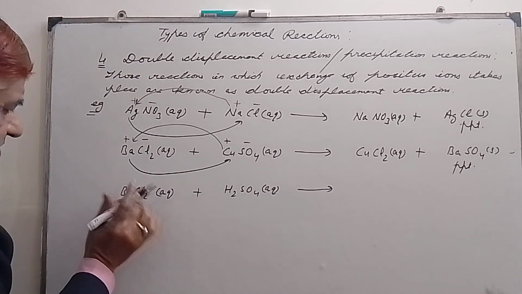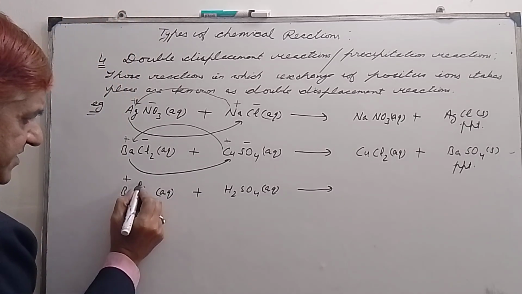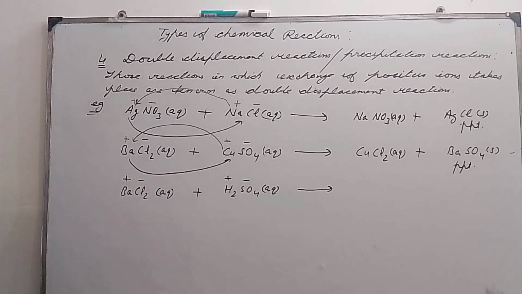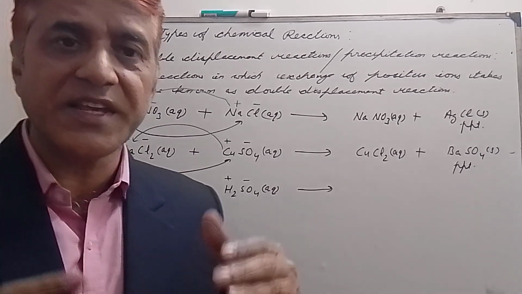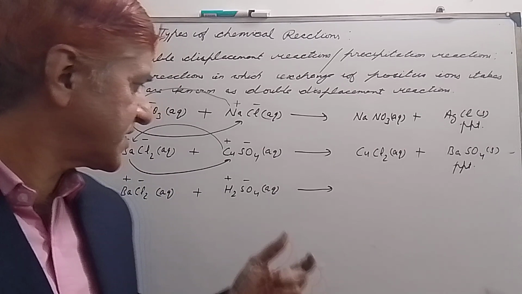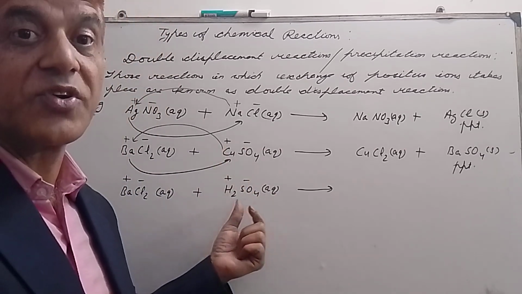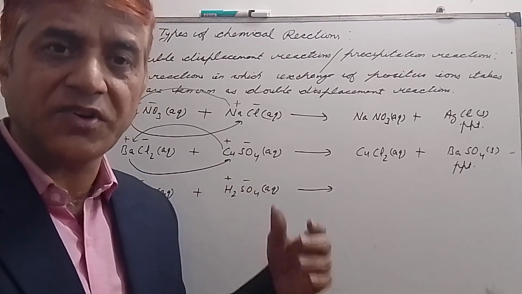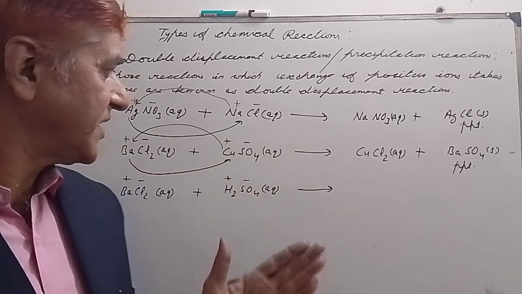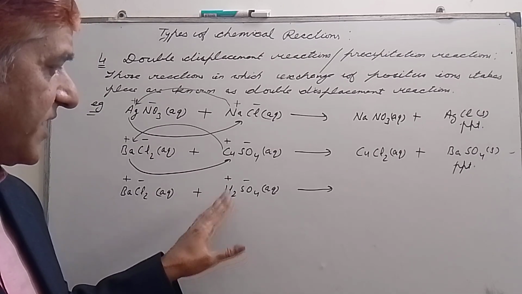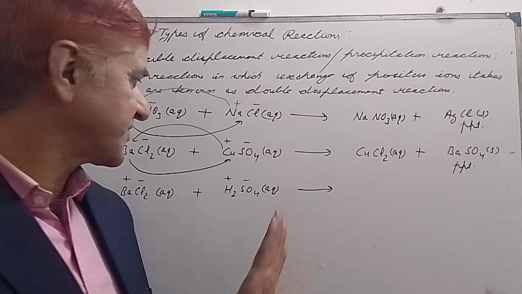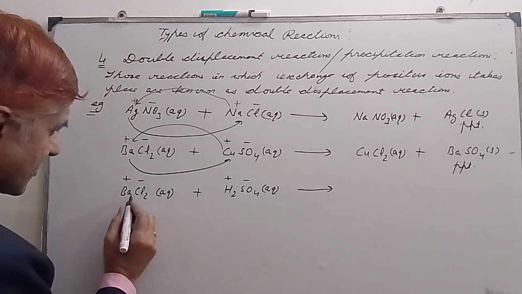So this is barium, positively charged, negative, positive, negative. Actually hydrogen also behaves like metals. This is the reason that hydrogen in the periodic table is given a place among metals, because the property of hydrogen is to give up an electron like metals. So that's why it will have a positive charge and the sulfate a negative charge. So again there will be exchange of ions.